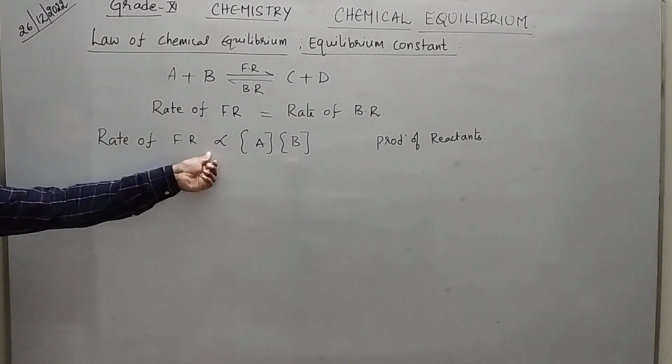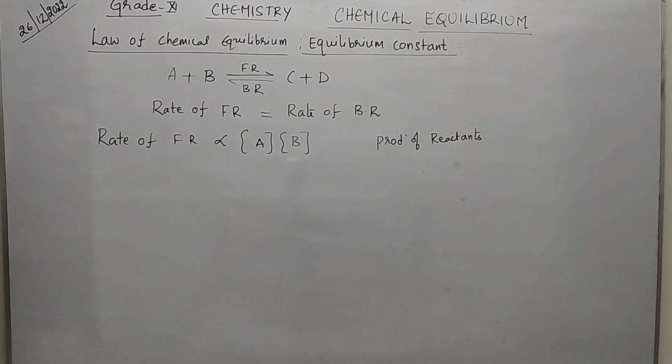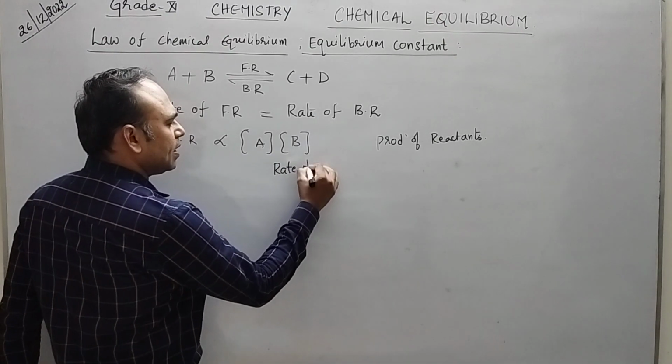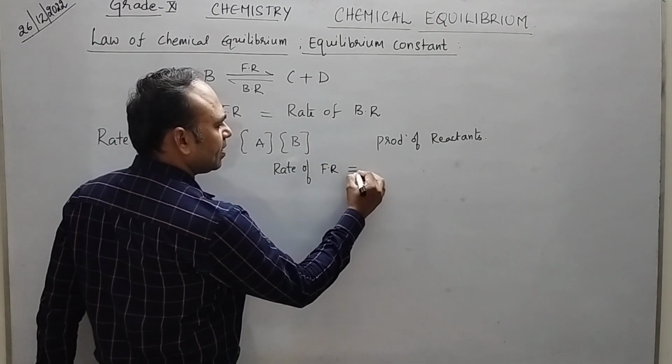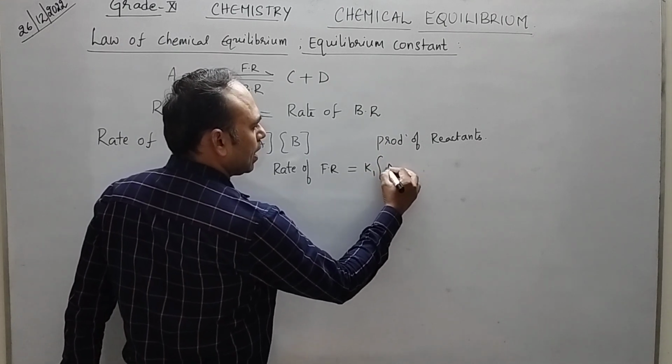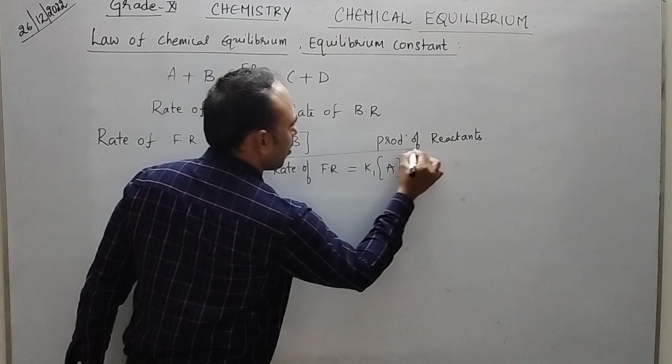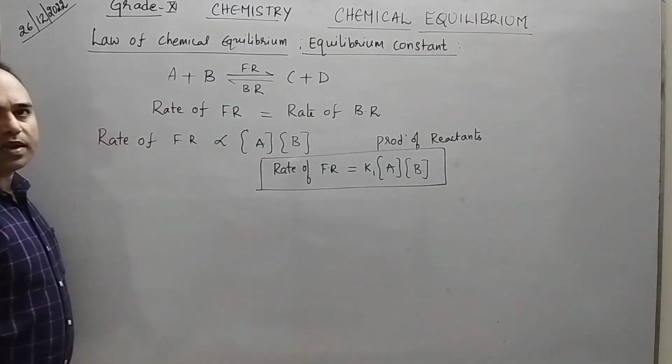Now if you want to remove the proportionality symbol, we will write a constant K. So let us write: rate of forward reaction is equal to K1 into concentration of A into concentration of B. So this is our equation 1.